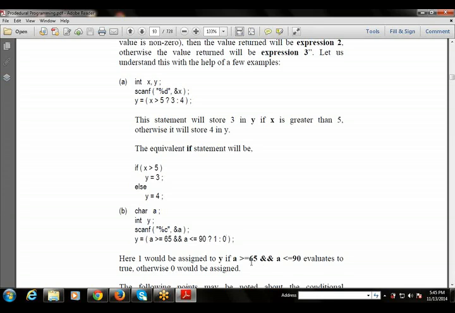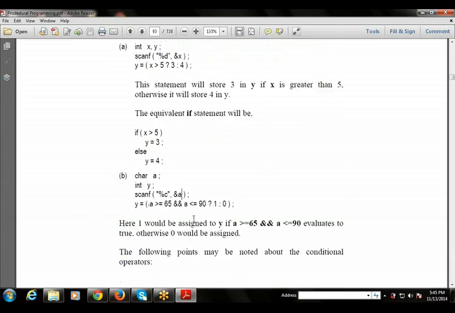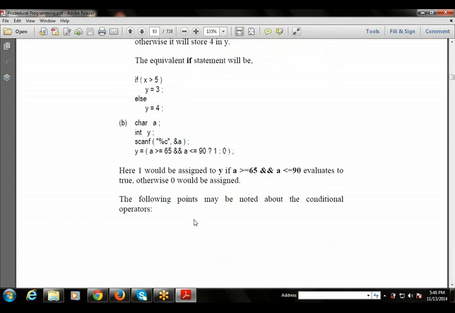That is, if the character given by the user lies between 65 and 90, including 65, the ASCII value of A, as well as 90, then the output is 1, otherwise the output is 0.